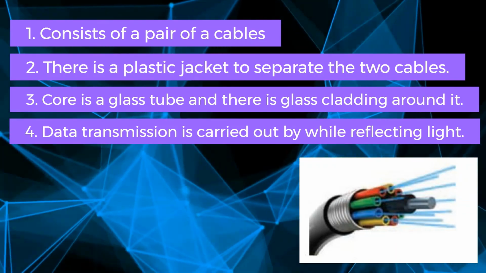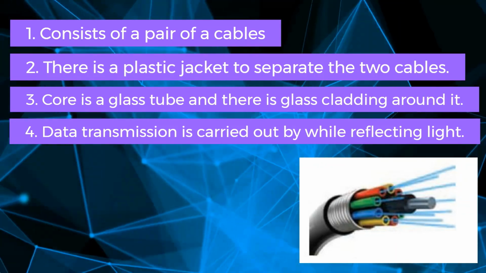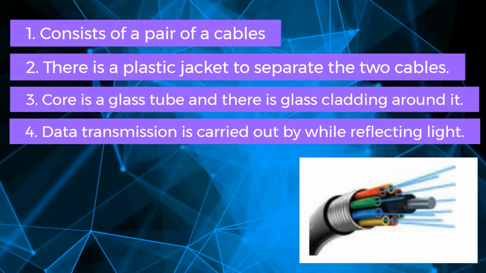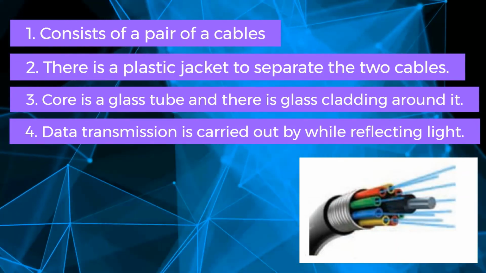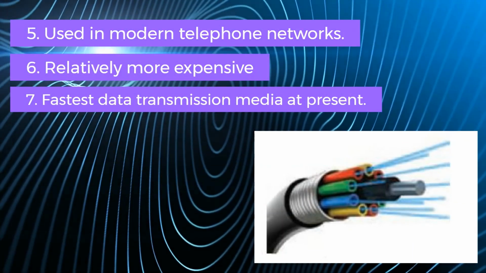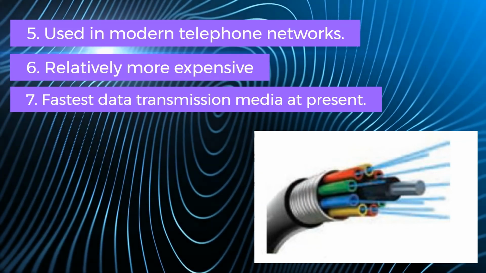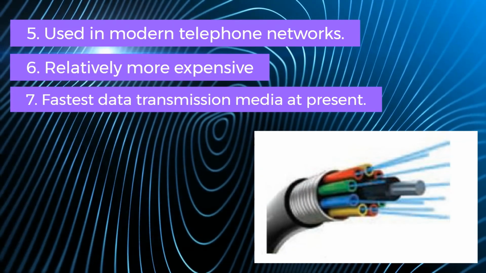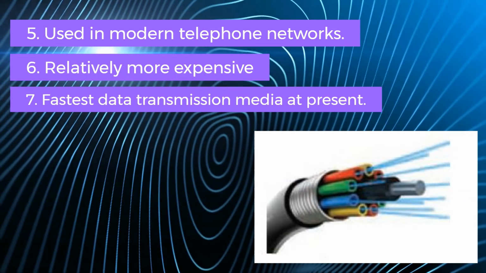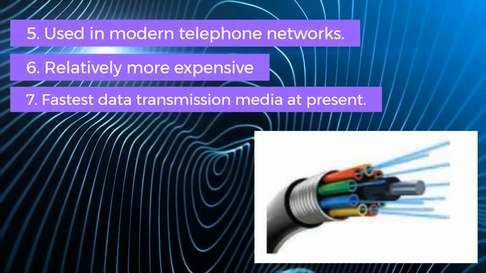And also, data transmission is carried out by wire reflecting light. Fiber optics used in modern telephone networks. It is relatively more expensive and fastest data transmission media at present.